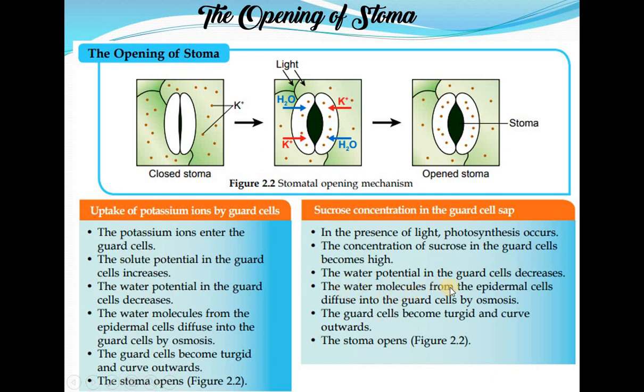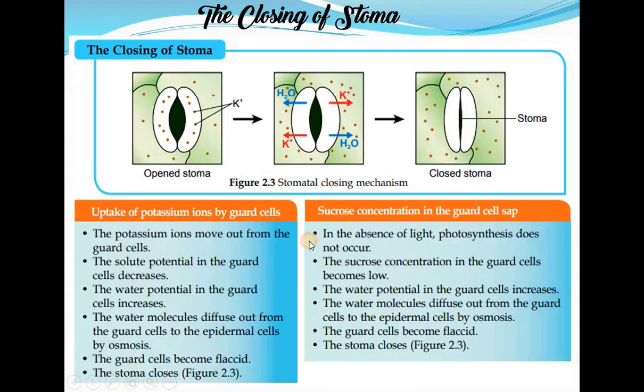The water molecules from the epidermal cell diffuse into the guard cell by osmosis, and the guard cell becomes turgid and curves outward. So the stoma will open. These are the two factors that cause the stoma to open. Make sure you understand how the stoma opens.